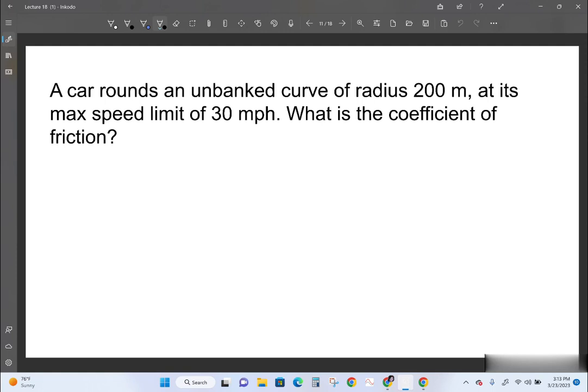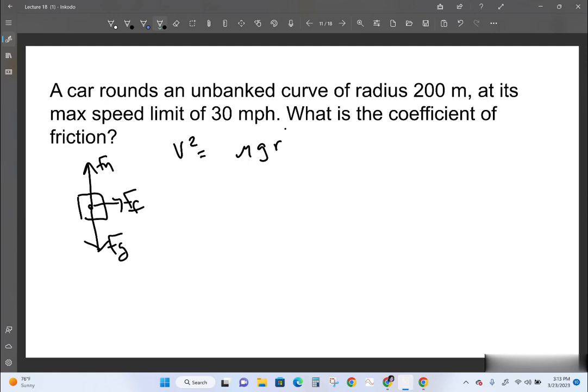All right. What if we wanted to know the coefficient of friction necessary to go a certain speed around a curve? So remember that V squared equals mu G R. Actually, it equals mu G R, sorry. Our diagram, once again, is going to have FG, FN, and FF. So we always want to draw a diagram of what's going on.